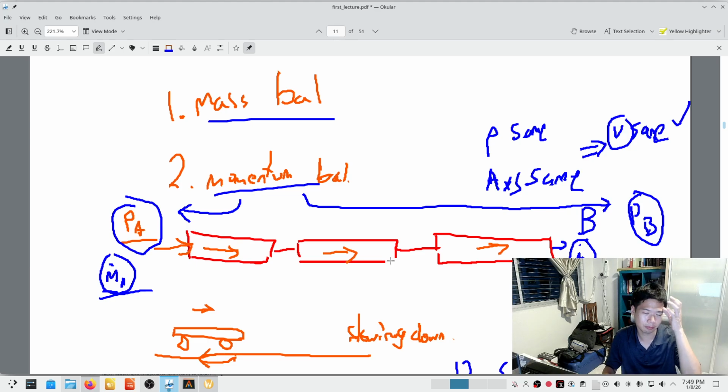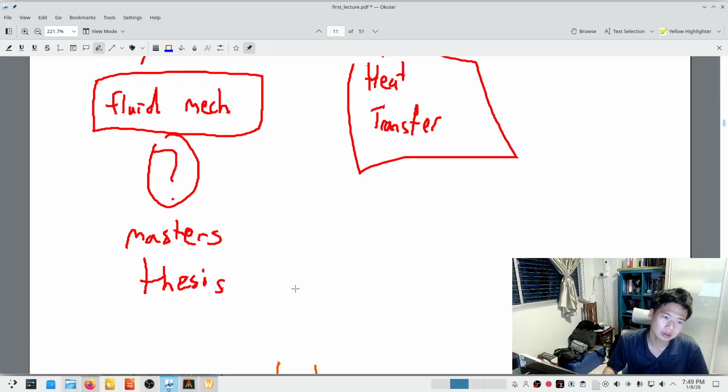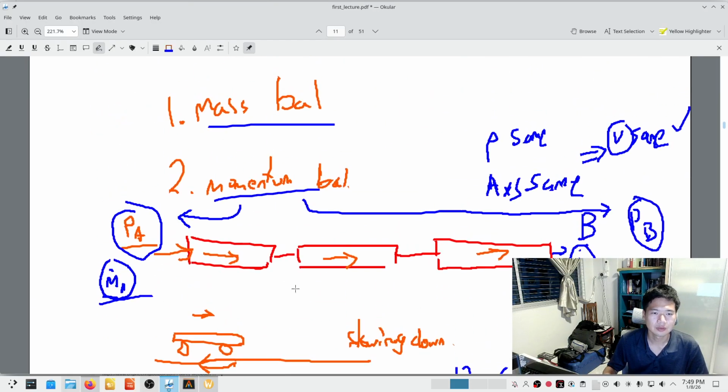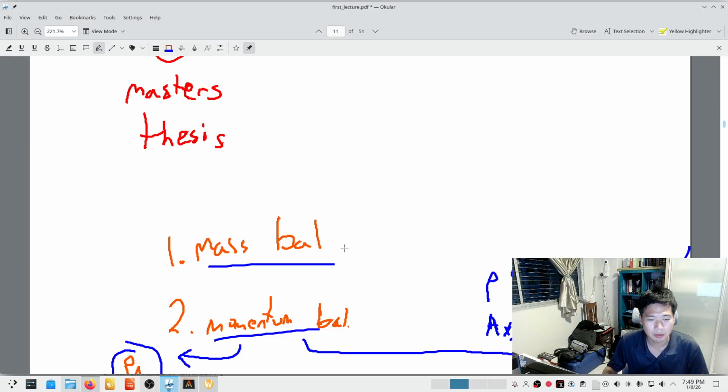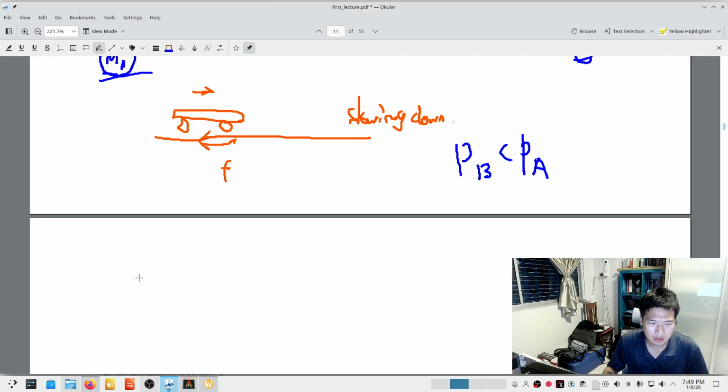If there's not enough pressure differential, the fluid will just get stuck in the pipe. So yes, this is the mass and momentum balance for a series of pipes. So let's say we have this pressure loss.